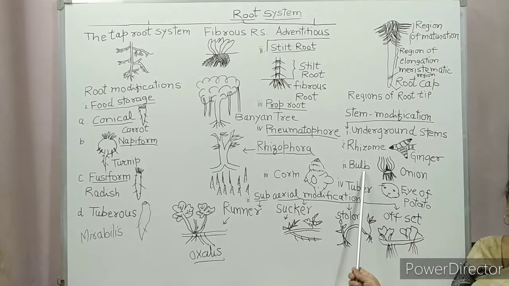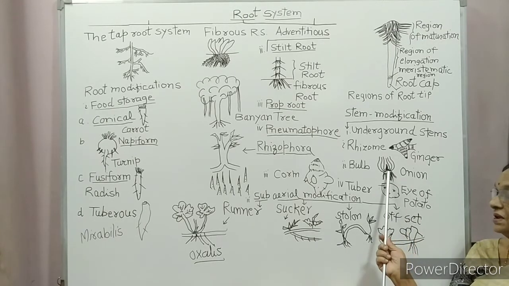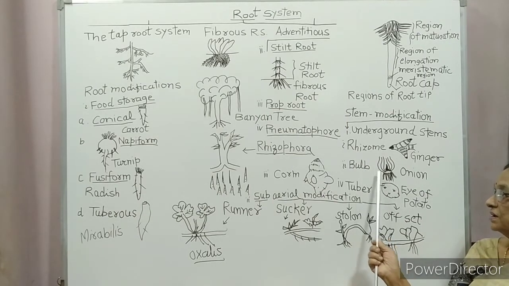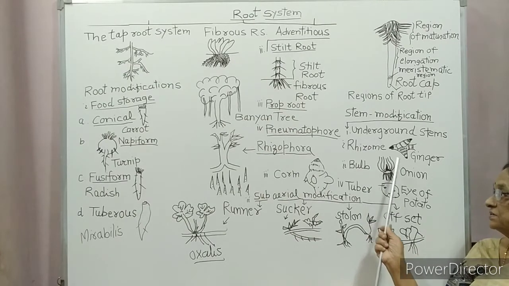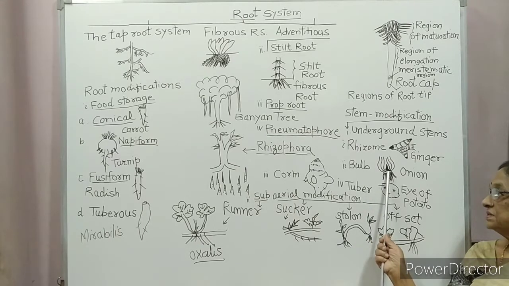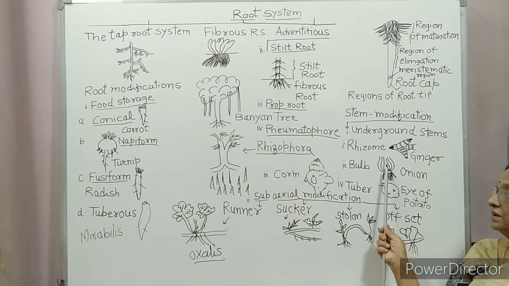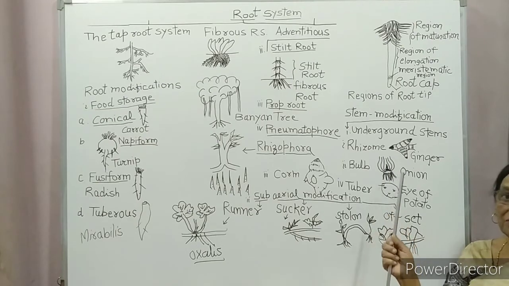Second is bulb. Example is onion. This small stem which is disc-like is called the rhizome of the onion, and the round structure is called bulb. Because this is the stem, it develops adventitious root, axillary bud, and leaves grow in a circular manner.